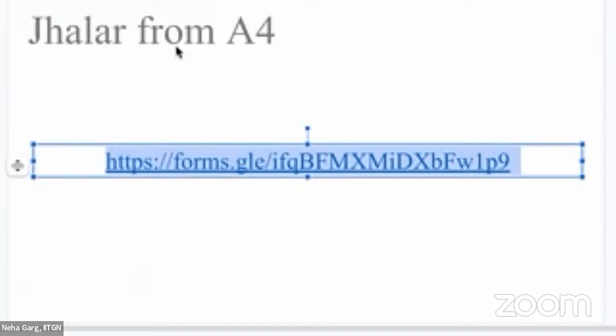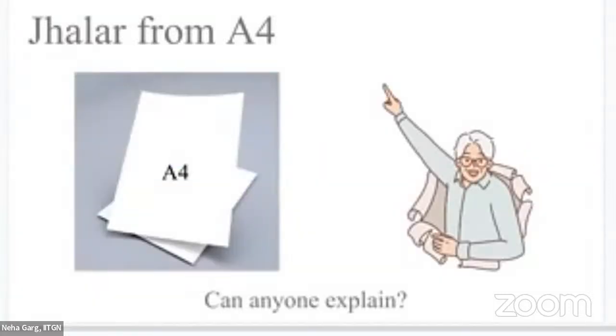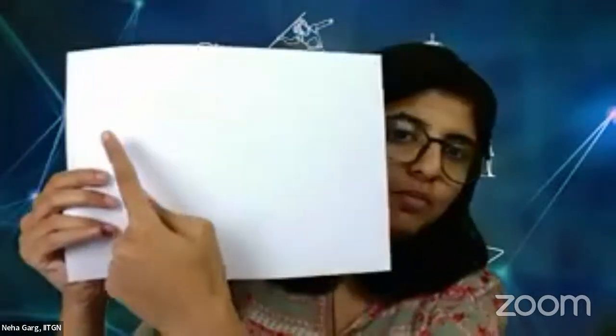So the first activity was to make a jhalar from A4 paper by making a hole. We have this A4 paper, and you have to make a hole in this paper which you can pass through your entire body.